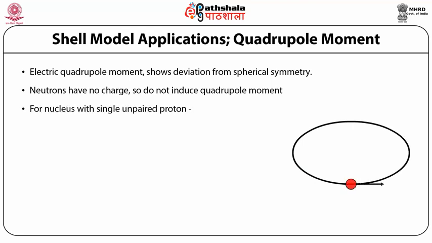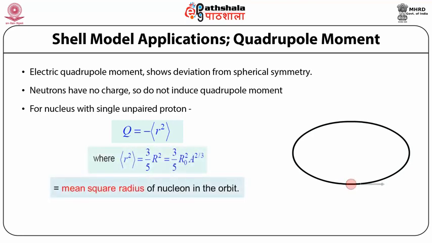For a nucleus with a single unpaired proton, the quadrupole moment is defined as Q equals minus the expectation value of r square, where the expectation value of r square, or the mean value of r square, is equal to 3 by 5 R square, which is 3 by 5 R0 square A to the power 2 by 3.